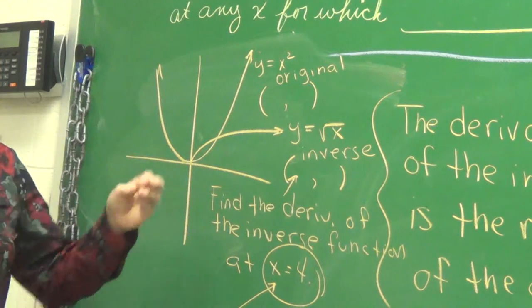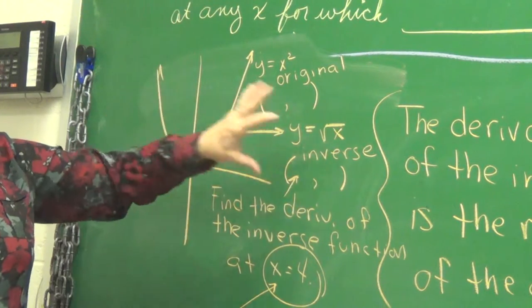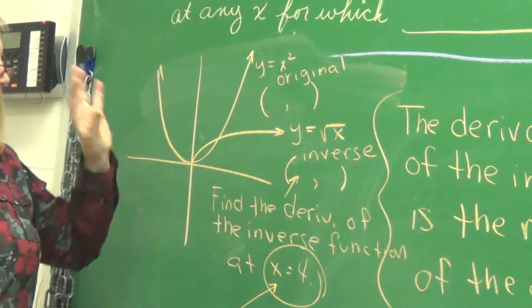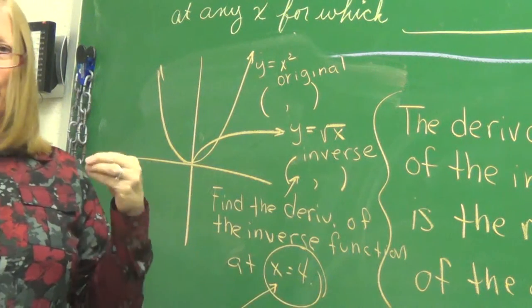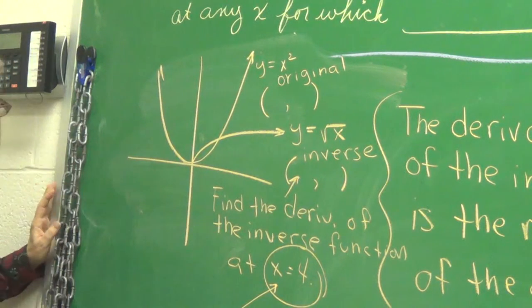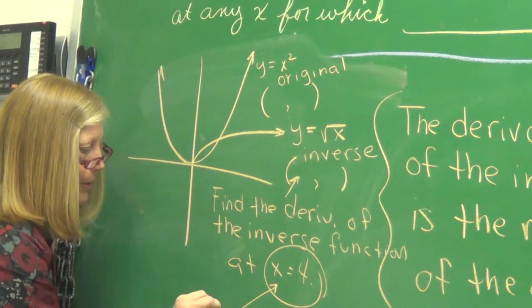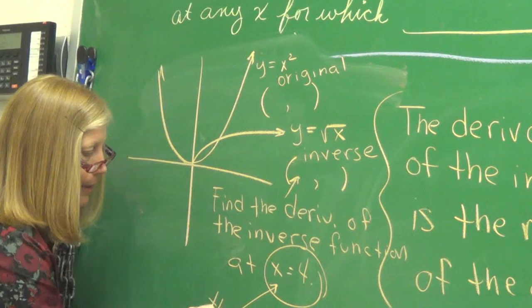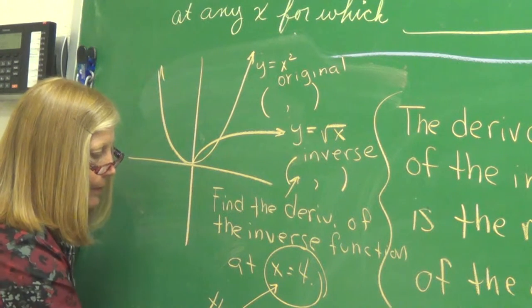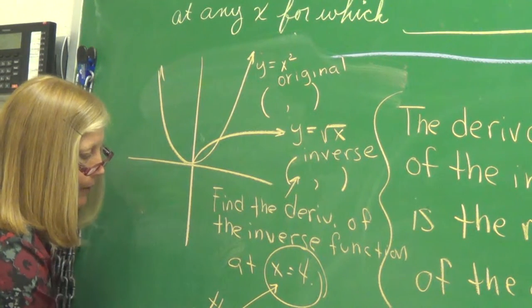Of course, you're not going to be drawing this. You're not going to be coming up with the inverse function, and you're not going to be identifying it. This is all training. So bear with me. Find the derivative of the inverse function at x equals 4. So this is the x value on the inverse function.